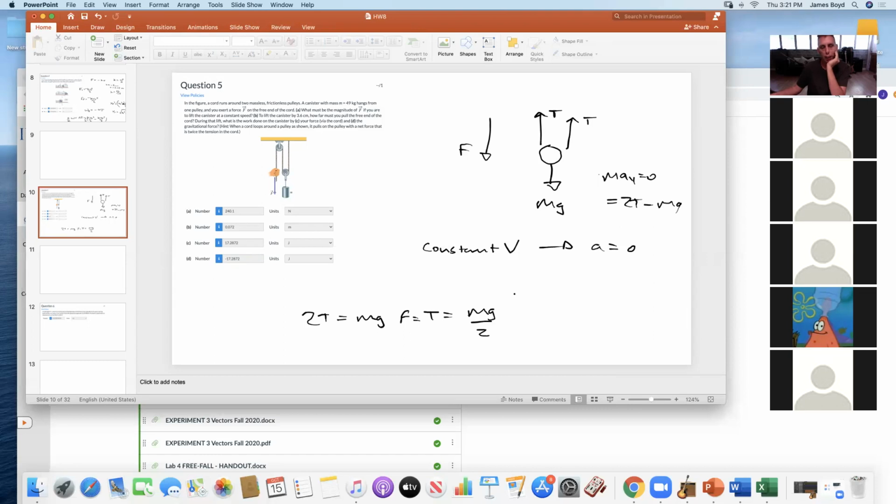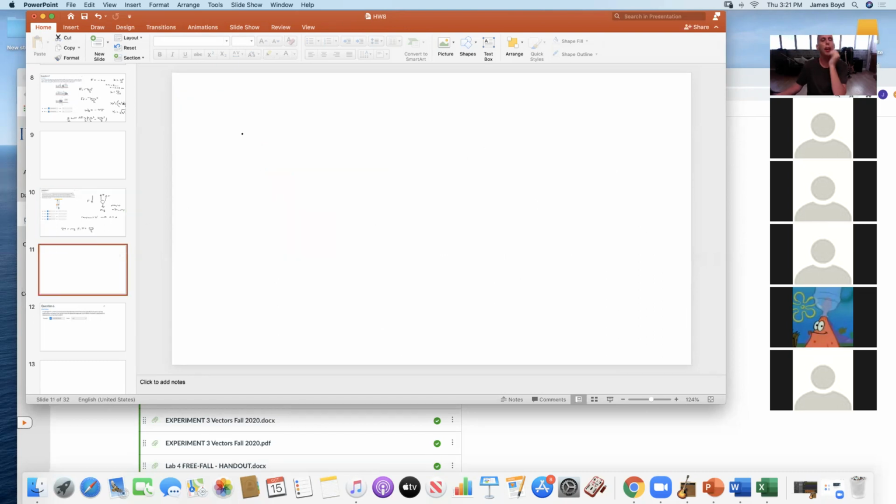And they gave you M, and you know G is 9.8 meters per second squared. Now, it says to lift this up 3.6 centimeters. So if I need to bring this up by 3.6 centimeters, but this side is stationary, I actually have to pull down double.